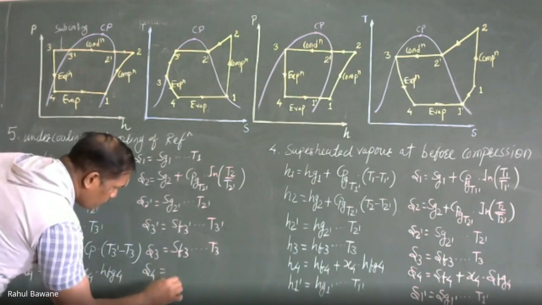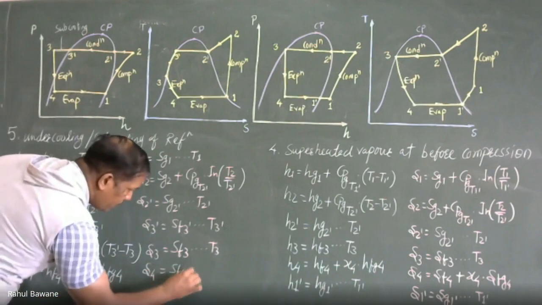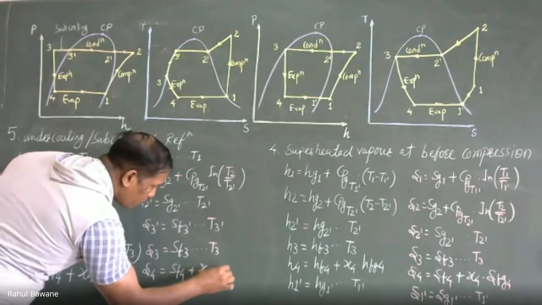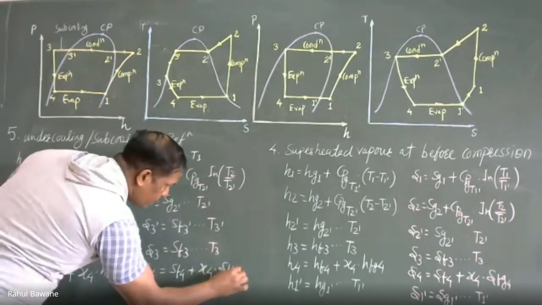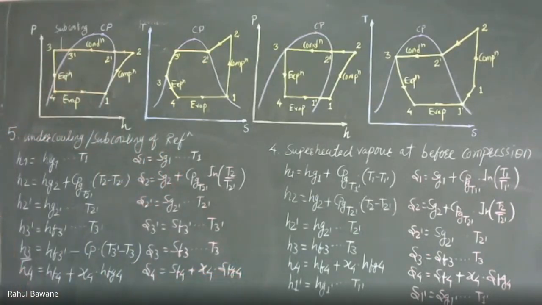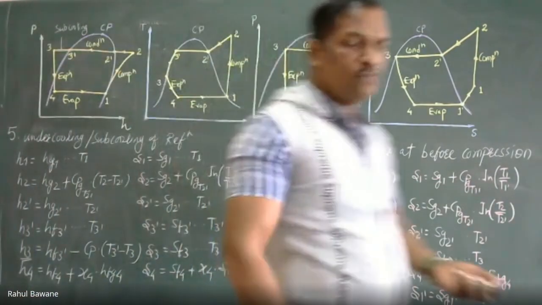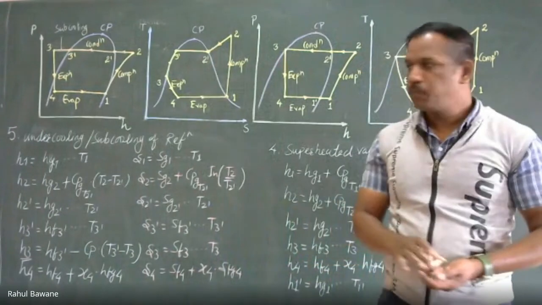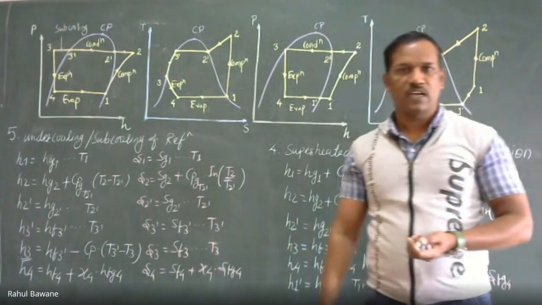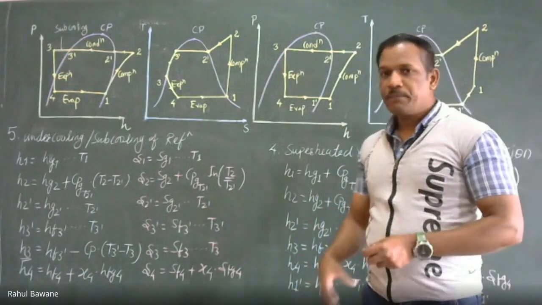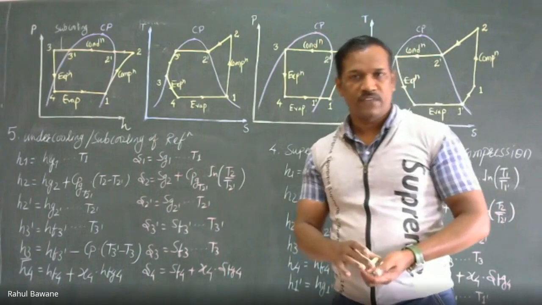S4 is Sf4 plus dryness fraction x4 times Sfg4. This will be the formula. So these are the total 5 conditions to plot the pH and TS diagram for vapor compression cycle refrigeration systems.